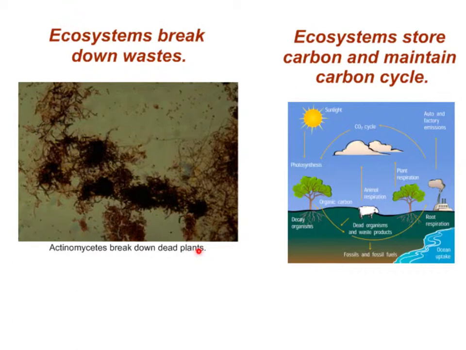And in doing so, they purify our water and our air. Ecosystems also store carbon and maintain the carbon cycle. Without this global energy flow and the maintenance of the carbon cycle worldwide, we would have very severe and rapid global warming.